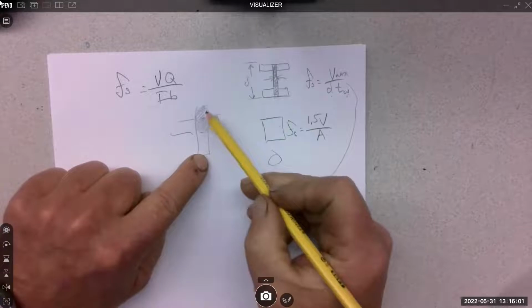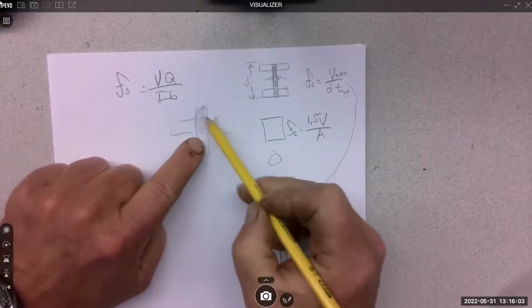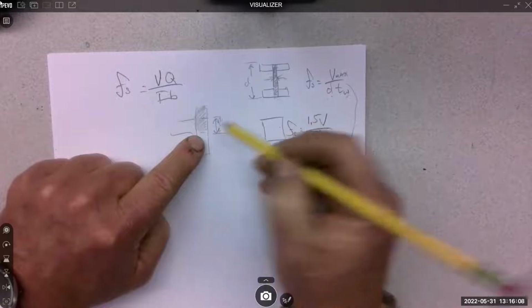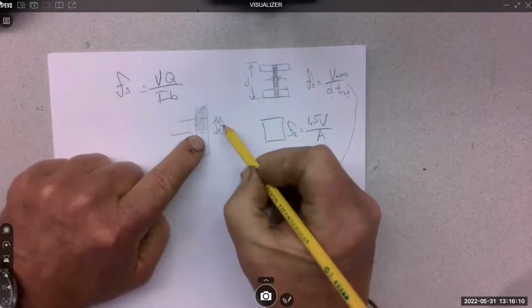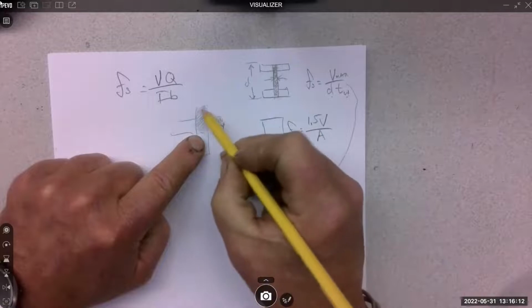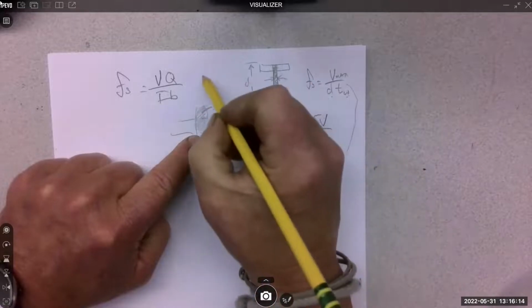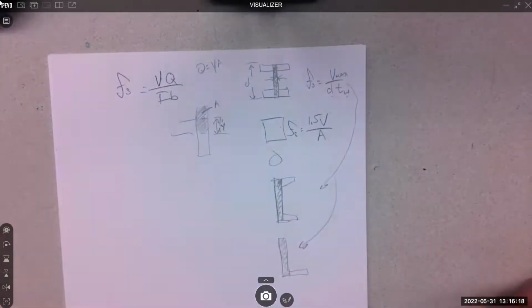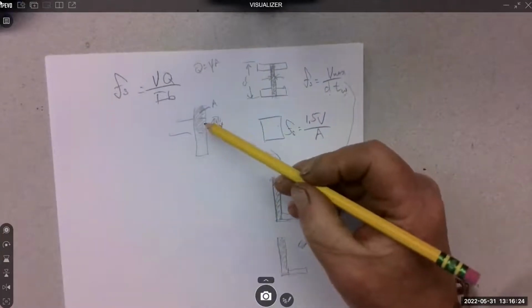But you find this area, you have to know where this is, which is pretty easy to do because it's a rectangle. And then you multiply it by this to get Q. So they call this typically Y, and they call this typically A. So Q equals Y times A. It's a moment, but it's an area moment. Simple rectangle, piece of cake.